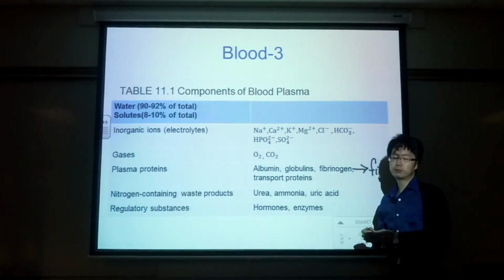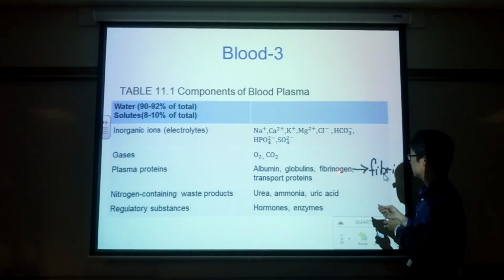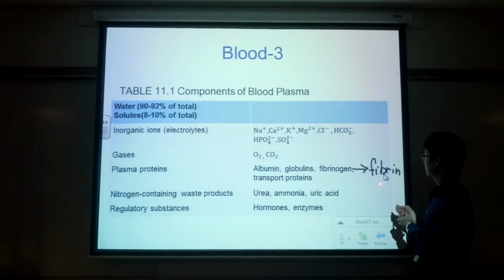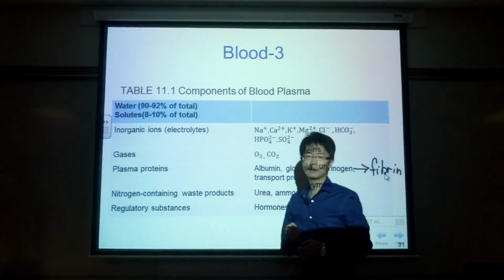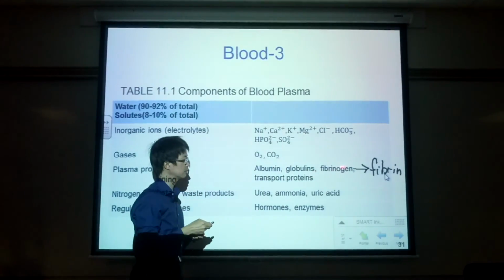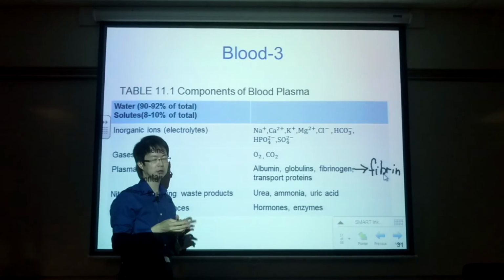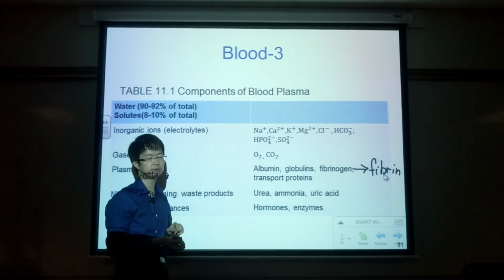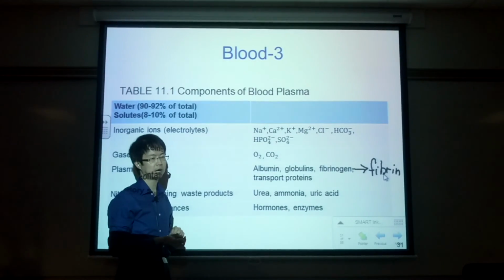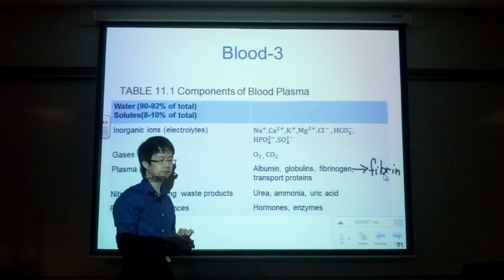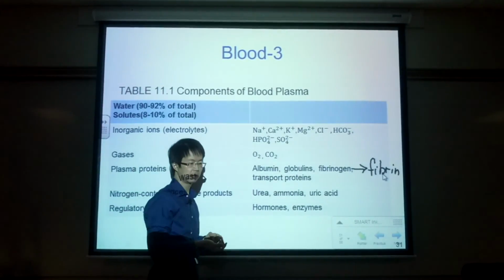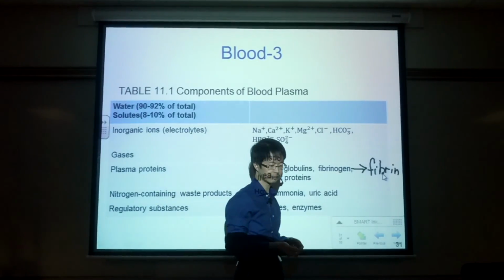So when fibrinogen becomes fibrin, fibrin will start to crisscross to form a network of protein fibers. And then it will trap the red blood cells to stop them from leaving the opening of your wound.